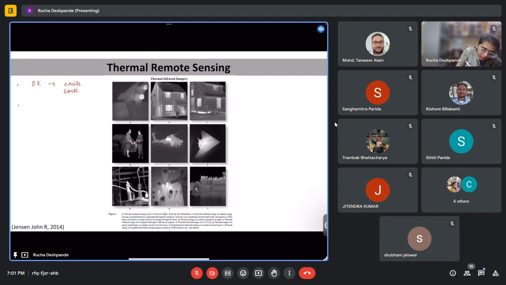So when we are looking at a remotely sensed photo image, suppose you are looking at a landscape, then all the features in that landscape would also be emitting some energy in the thermal infrared region. So this energy is emitted in this 3 to 14 micrometer range, which is the thermal infrared region.